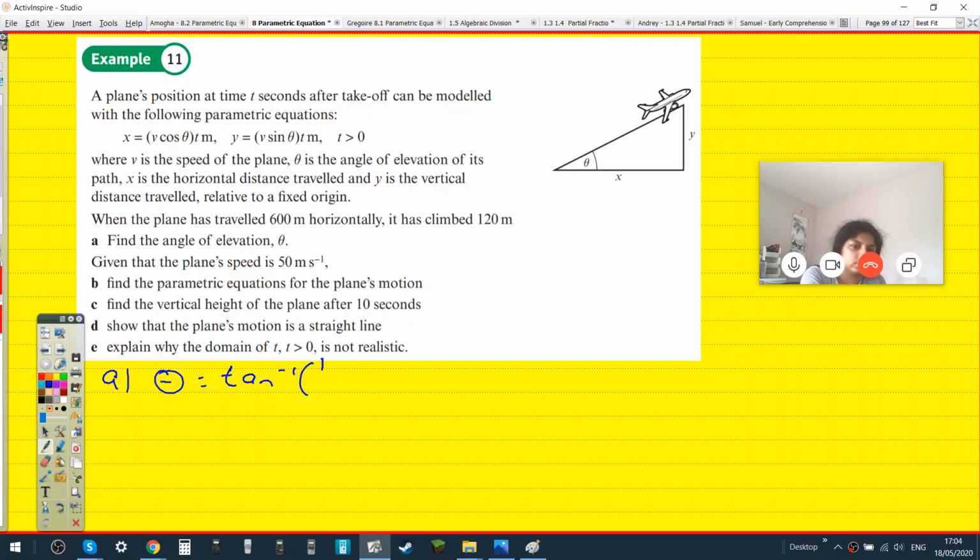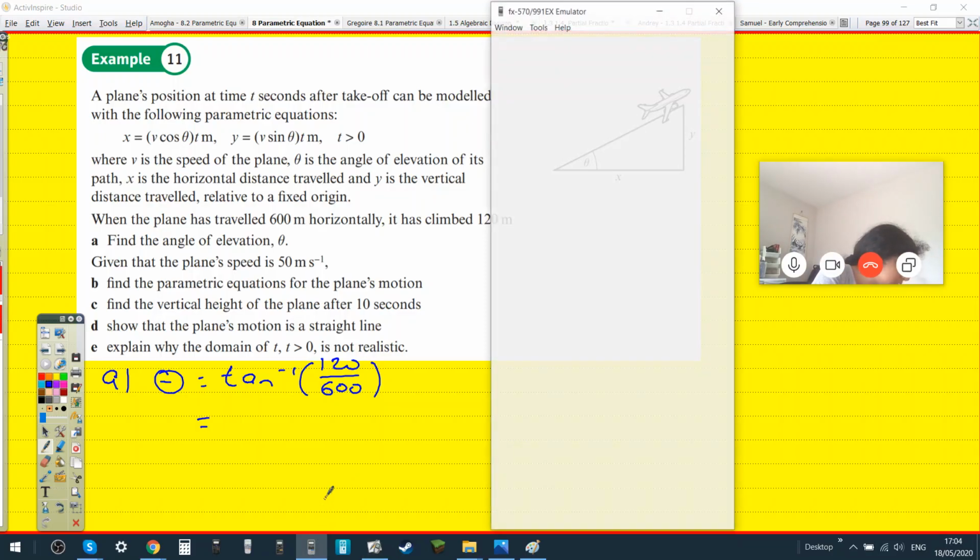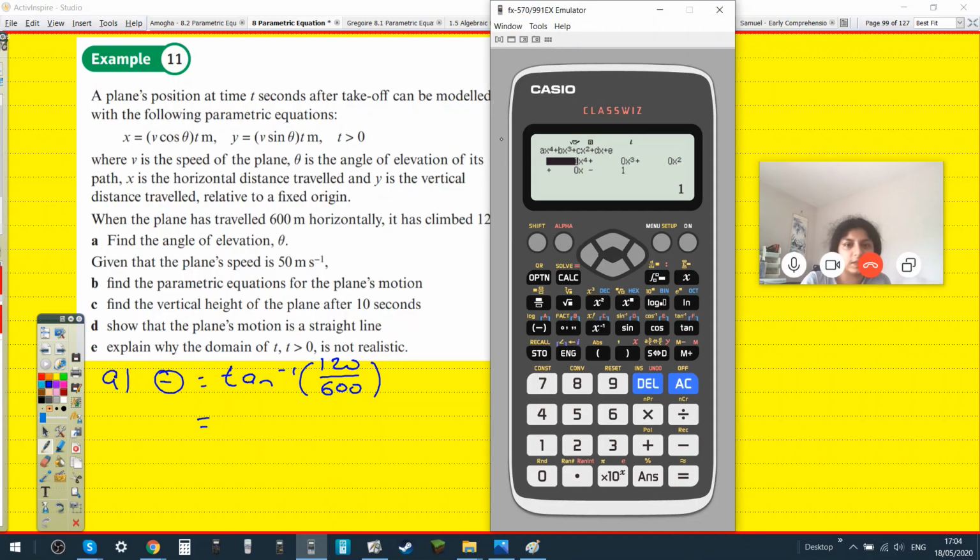120 over 600, is that a fifth? Did you get an answer? Does it matter if it's in degrees or radians?